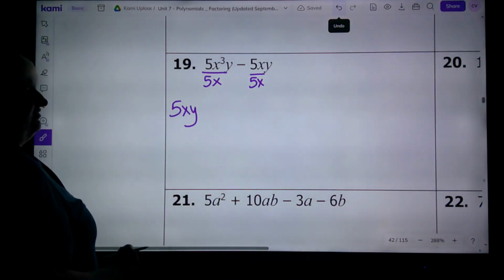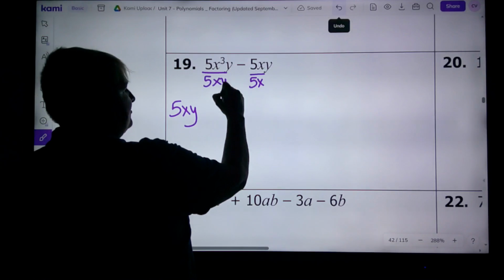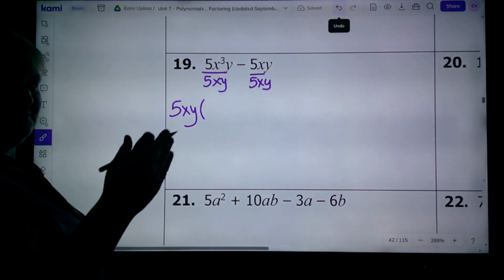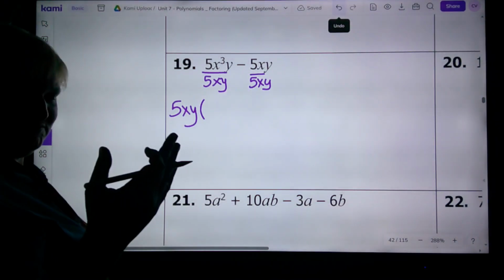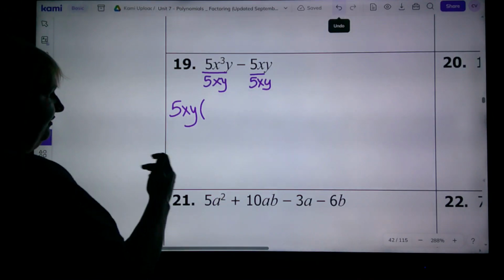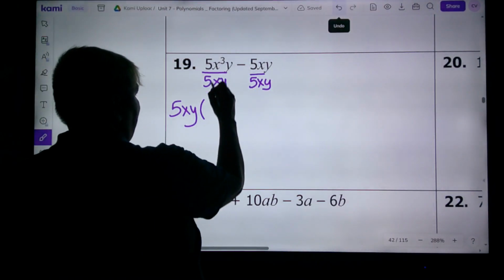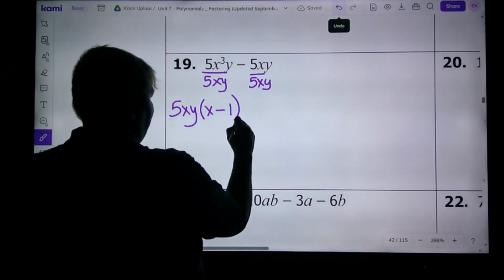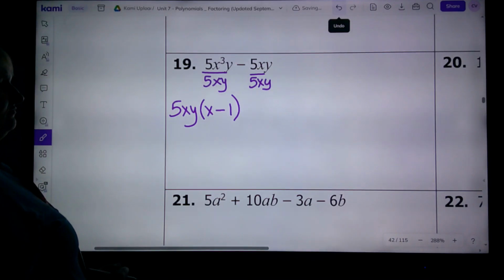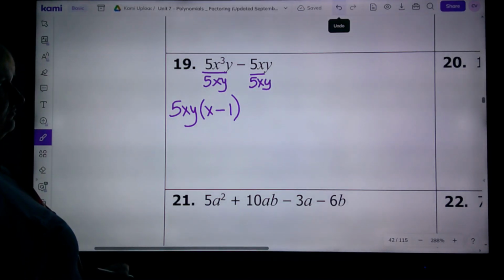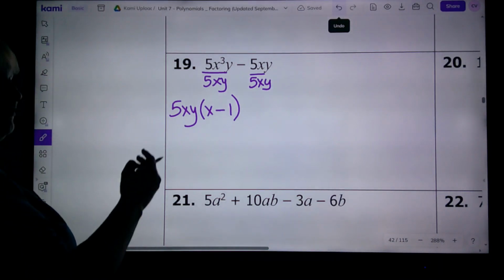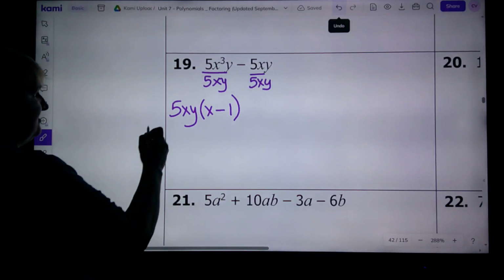We can take 5xy out. See, as soon as I realized that it was going to be in both terms, I realized it was a common factor and I could pull it out. So I'm going to go back and pull it out. I'm left with x minus 1. That one looked really complicated, but it's actually really easy.